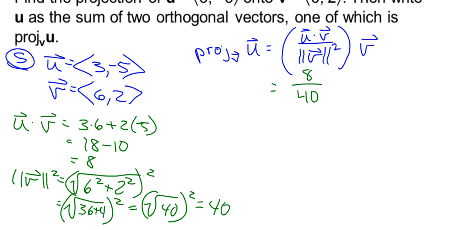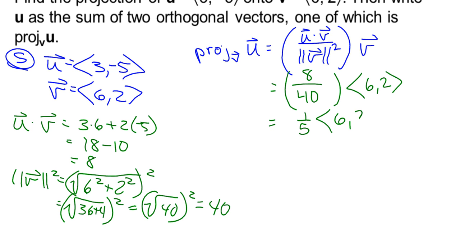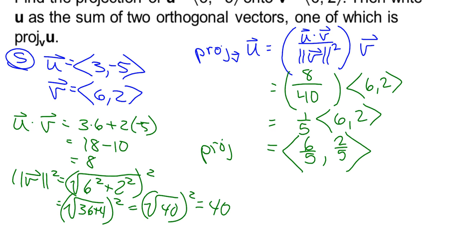And then I'm going to multiply that, in parentheses, times the 6, 2 vector, and so that's 1/5 times 6, 2, and that is 6/5 and 2/5. So there is the projection of u onto v.